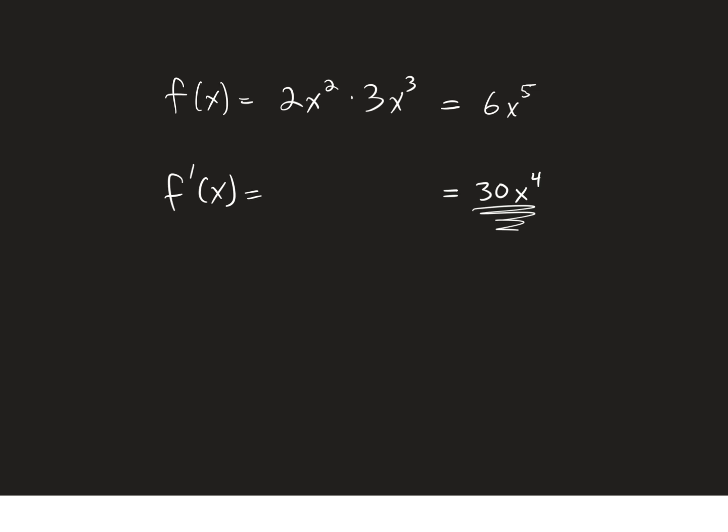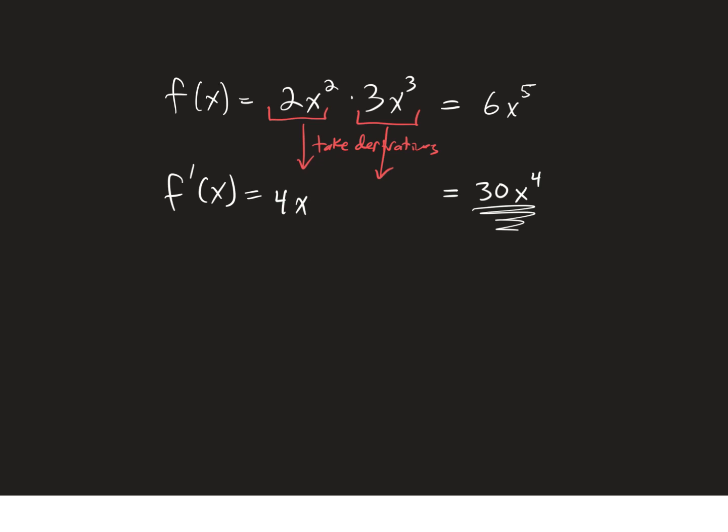What would happen if I tried to just take derivatives individually? So I'm going to look at this first piece, take its derivative, look at the second piece, take its derivative. I hope that this quick example will illustrate why we have to have a separate rule for products. If you take the derivative of the first piece, you get 4x.